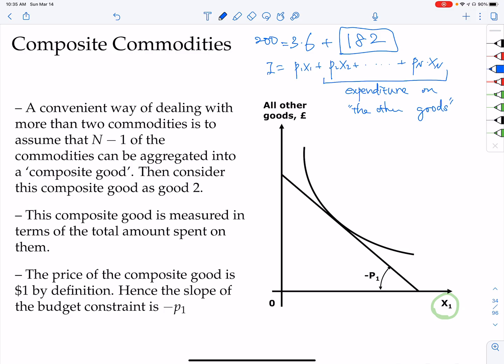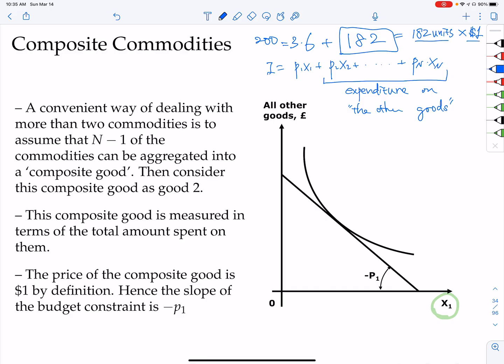So instead of saying I'm spending $182 on the second good, how much on the third good, I'm just going to say that it is 182 units of the composite good at $1.